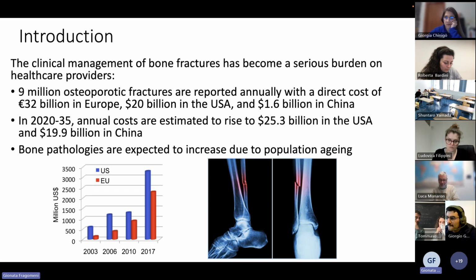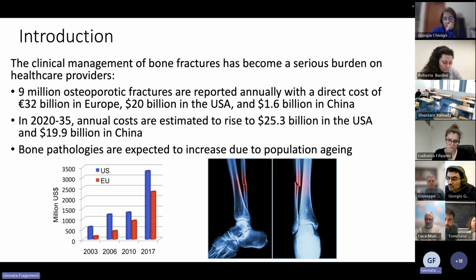We have seen that the clinical management of bone fractures has become a serious burden on healthcare providers, and in the near future it will be even more serious due to the aging of the population.